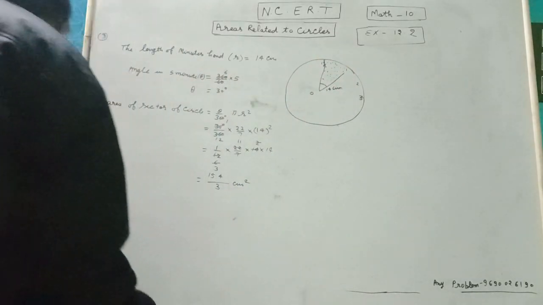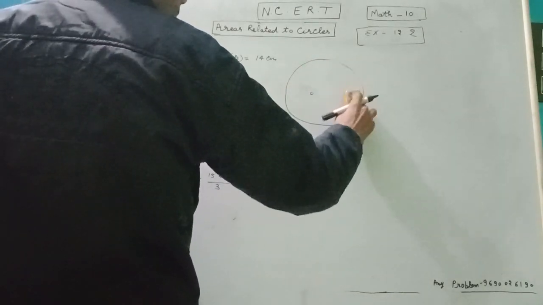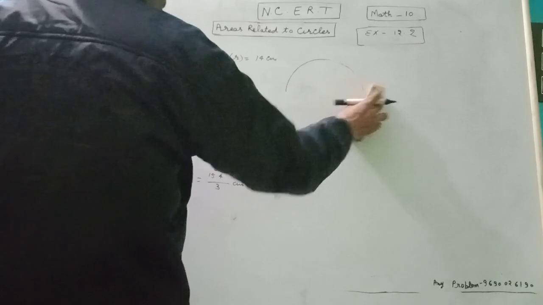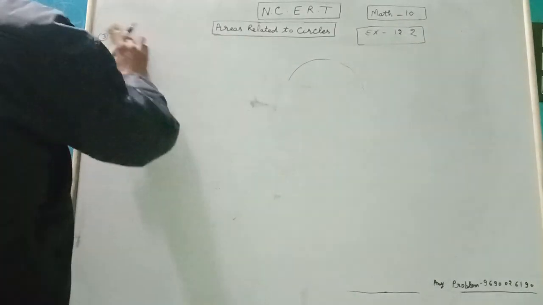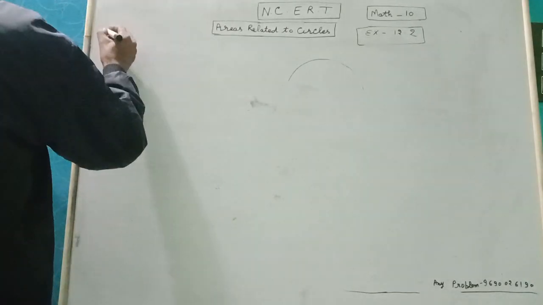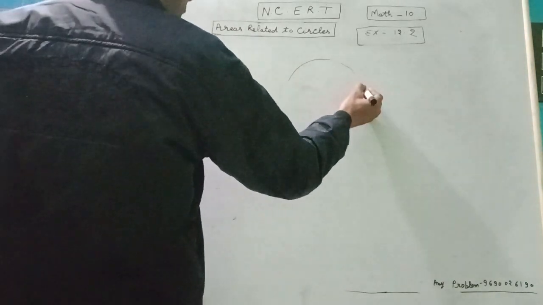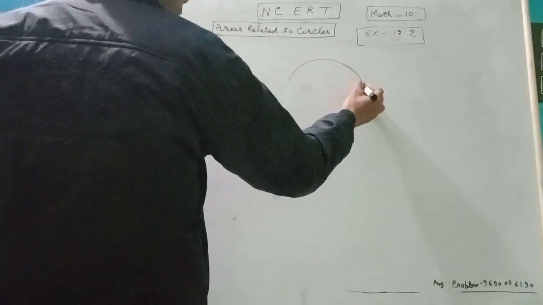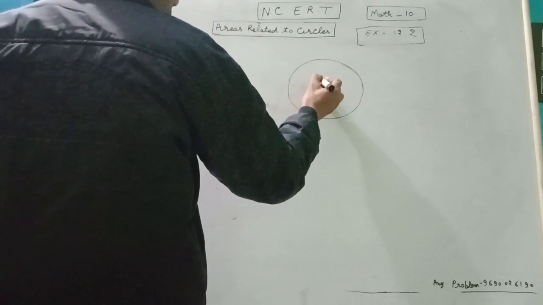Question number 4 is: a chord of a circle, O is the center.